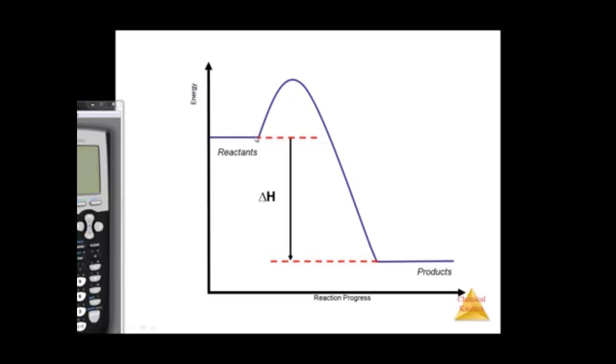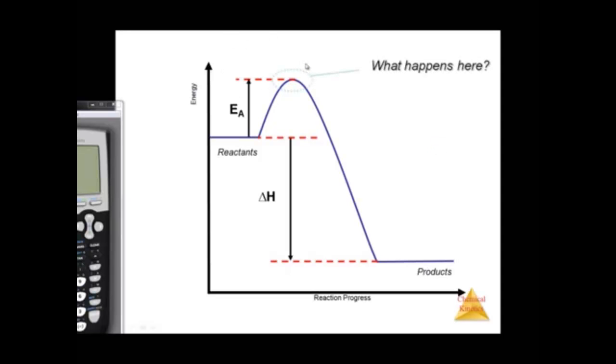And as we talked about in our thermo section, the difference between where the reactants start and the products come out is our change in enthalpy, right? And then this additional piece is the activation energy. Okay, but we don't count that activation energy in the change in enthalpy.